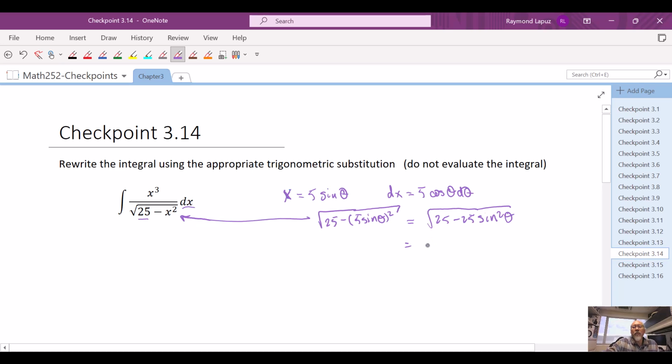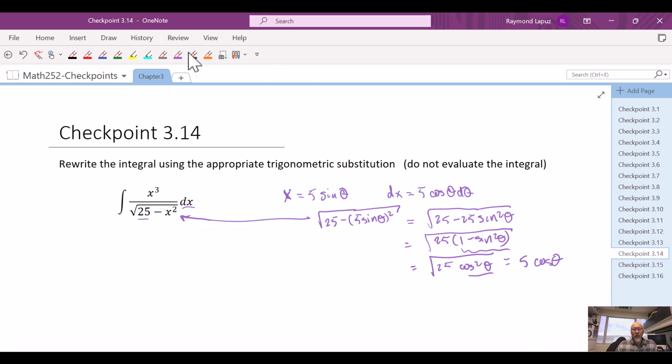And this will equal 25 times 1 minus sine squared theta, which will be a trig identity that we can write into cosine squared. That's 25 cosine squared theta, and taking the square root of that gives you a constant 5 and a cosine theta without the square root.